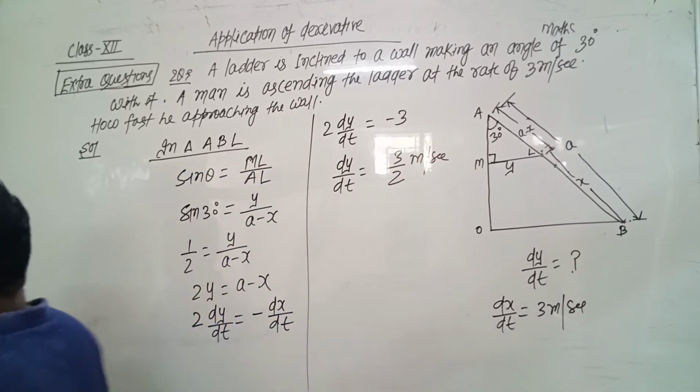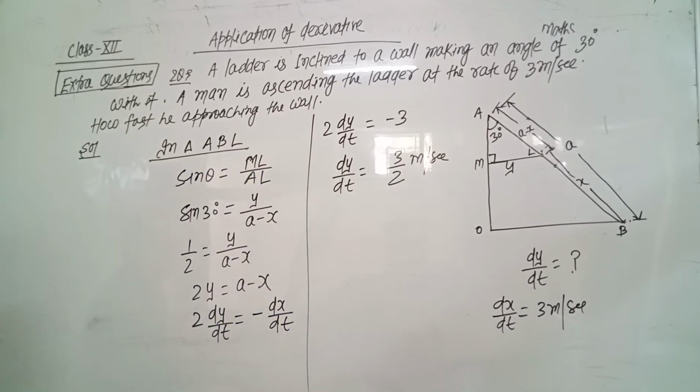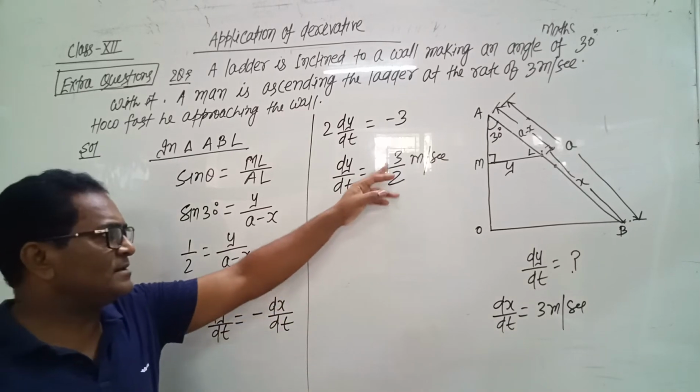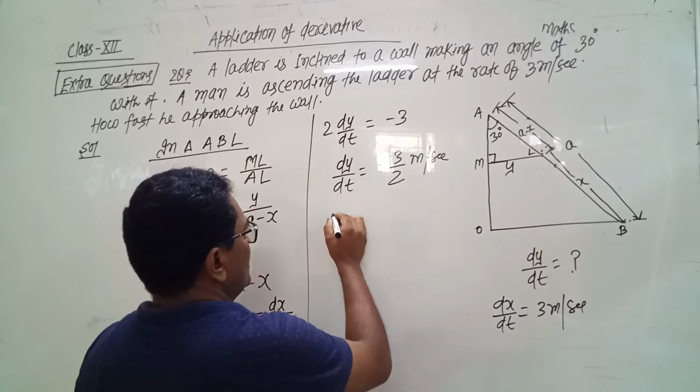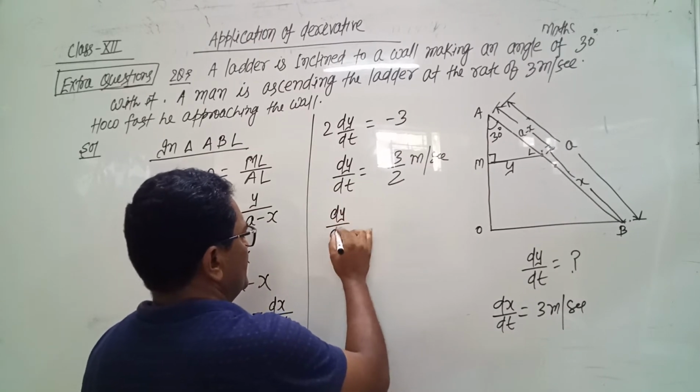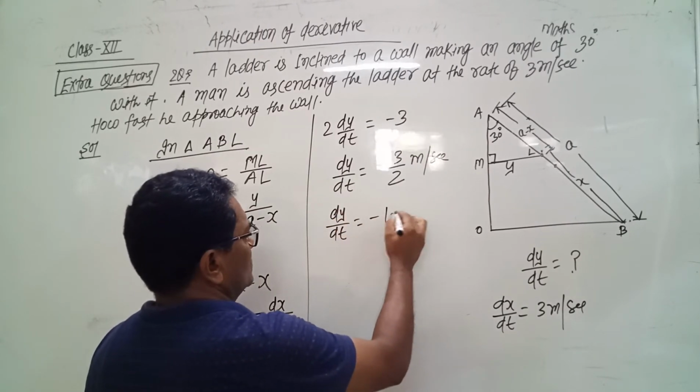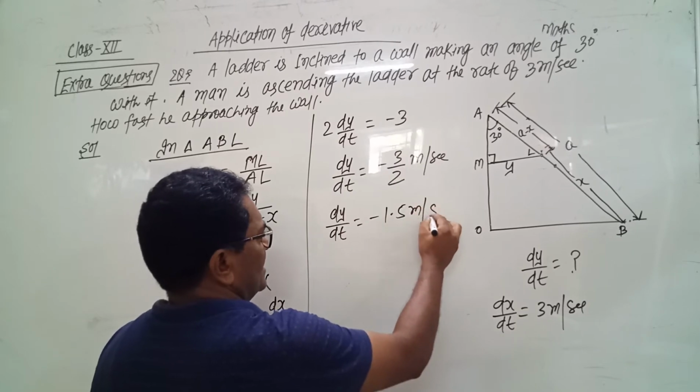So the man is approaching the wall at the rate of 3 by 2. dy by dt equals minus 1.5 meter per second.